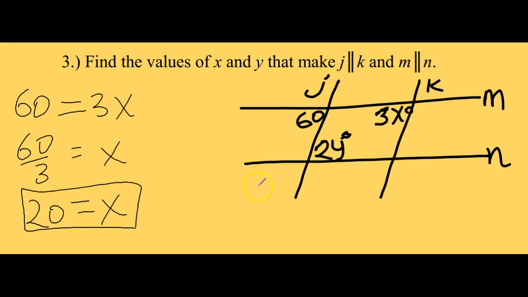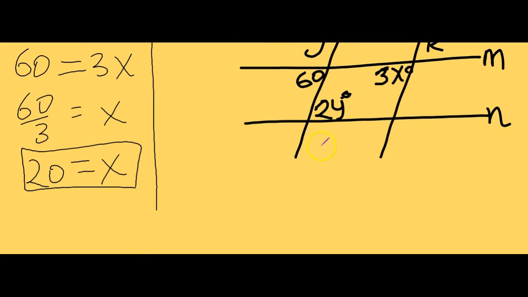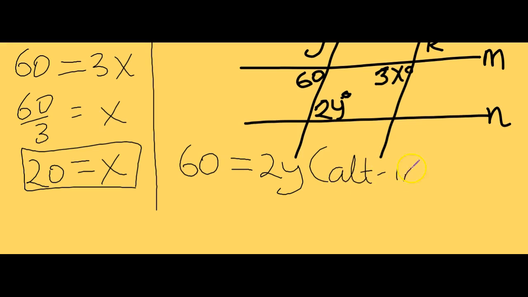So how about y? How is 2y connected to 60? This is the transversal for them. They're two parallel lines, so they are alternate interior angles, and they are congruent as well. 60 equals 2y, because they are alternate interior angles.